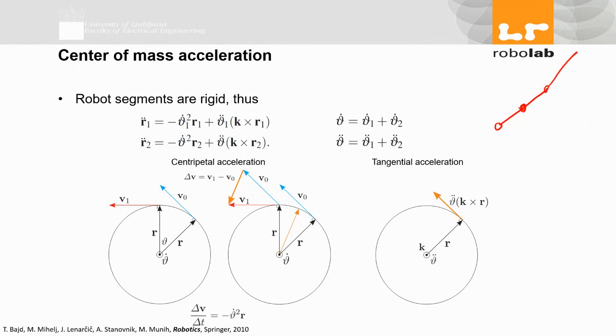See, here is the center of M1, M2. So what we have here for this one and for this one, acceleration of this one is defined by R1. Acceleration of this one is defined by R2. Okay, by R2. All right.